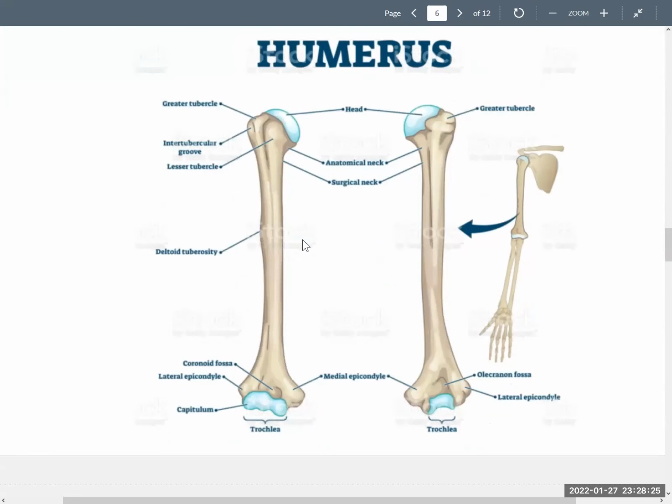Here's our humerus, the upper arm bone. This is a posterior view on the right and an anterior view on the left.